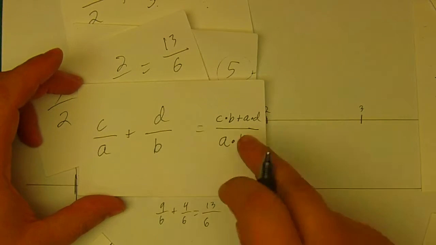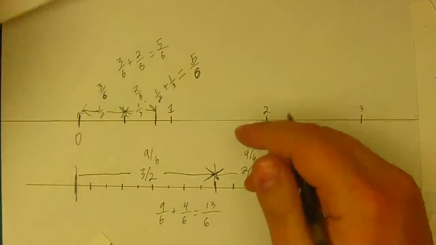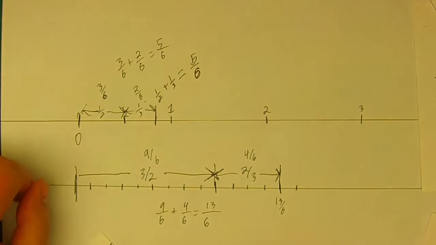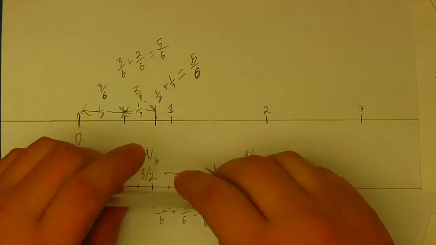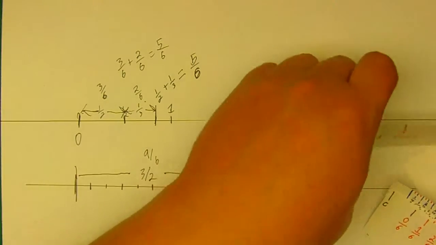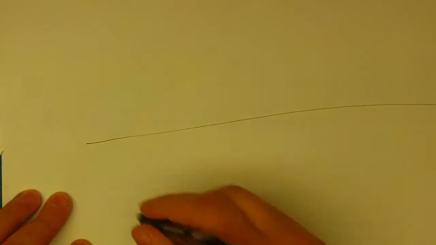Now the question is, does this always work? And so we need to test that by doing some more measurements, and that's where we get our rulers out. Let's grab a new piece of paper so that we can do a new line, like so.